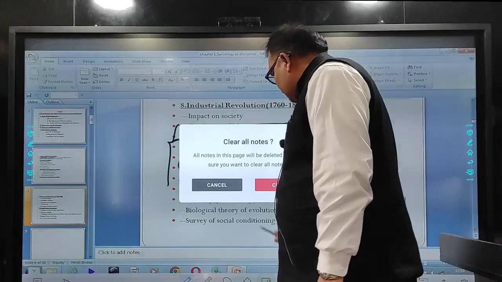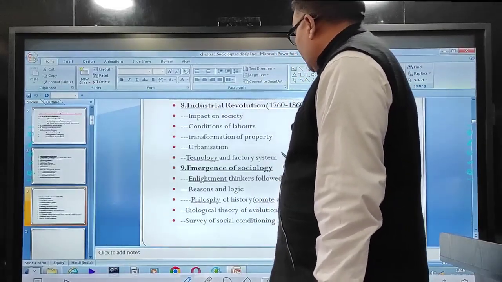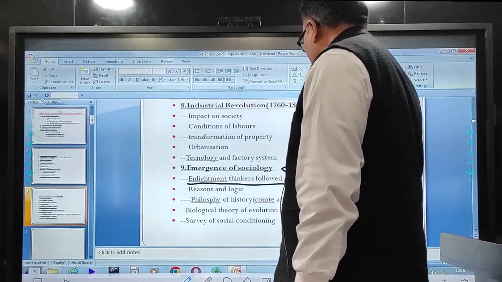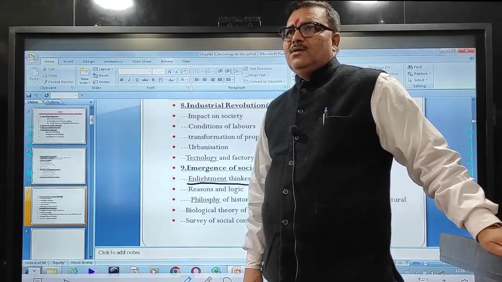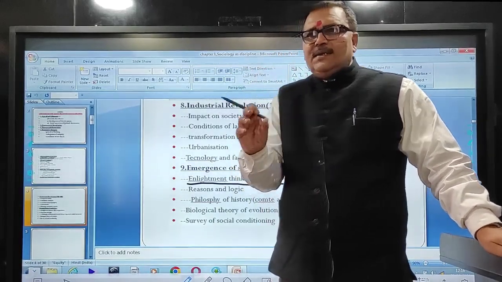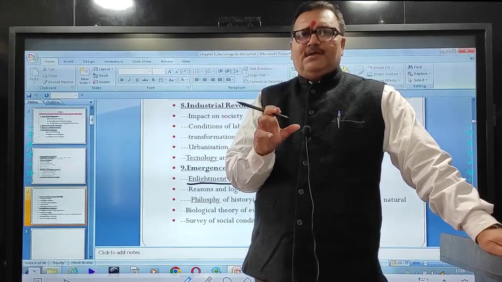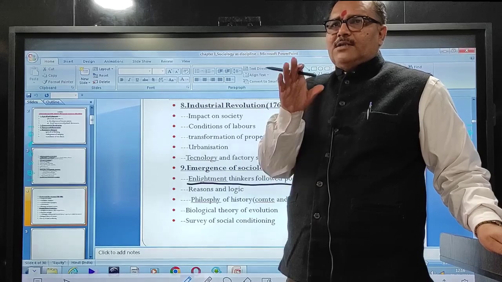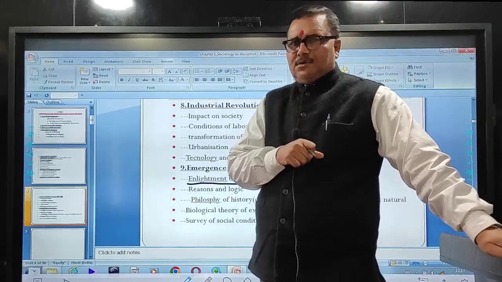So now focus on these points. How did sociology develop as a discipline? It was the Enlightenment thinkers who followed positivism, like Auguste Comte. Auguste Comte was the person who thought that there should be a science which should study these changing societies. By that time, there was no discipline except philosophy that focused on the study of the changing dimensions of the society.